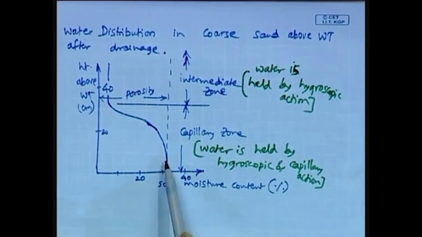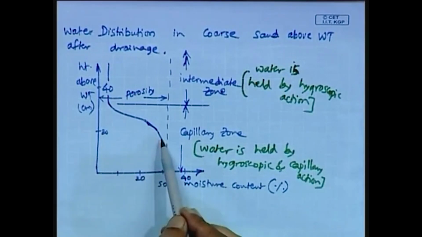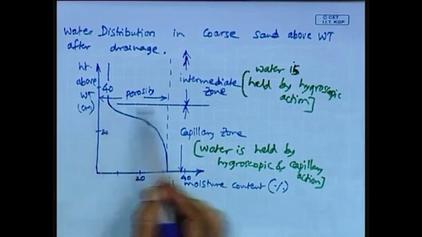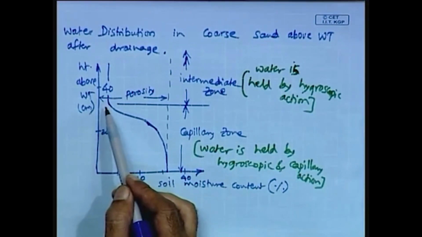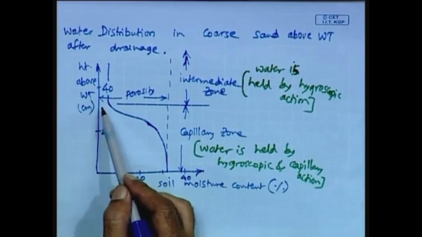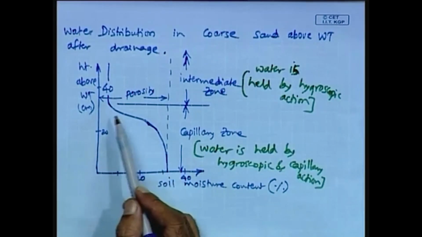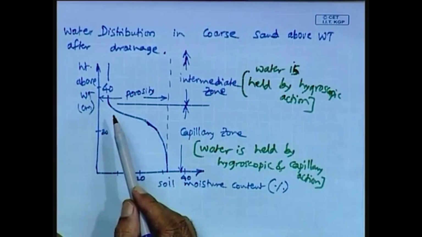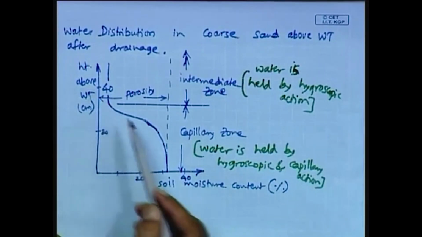Almost all the pores are filled with soil moisture, and then as we go higher and higher, it is only those pores which are continuous that will be filled with water, and as we reach this intermediate zone, it is only the hygroscopic water, which is the water held by the force of attraction between the void spaces, the air, as well as the soil or rock particles, and the water.